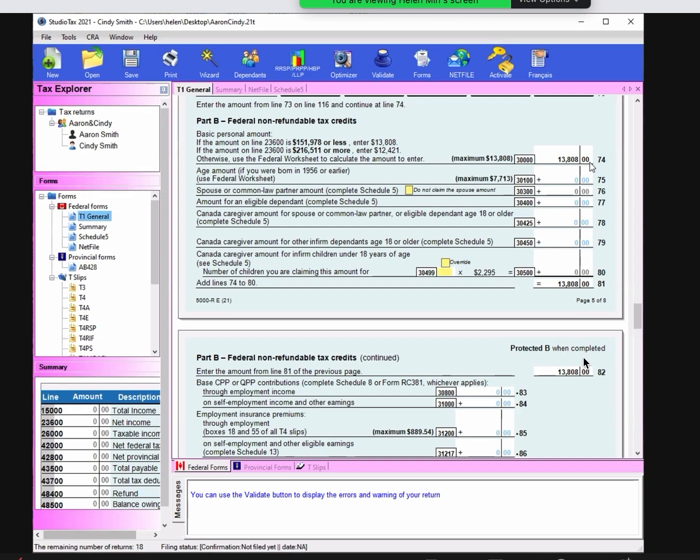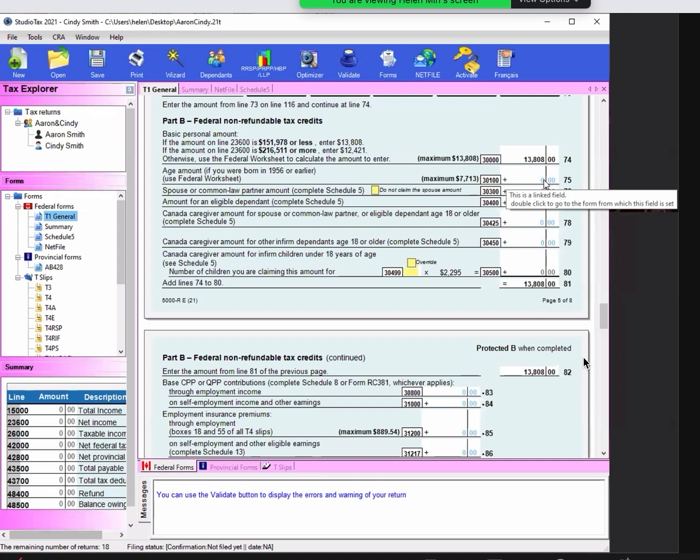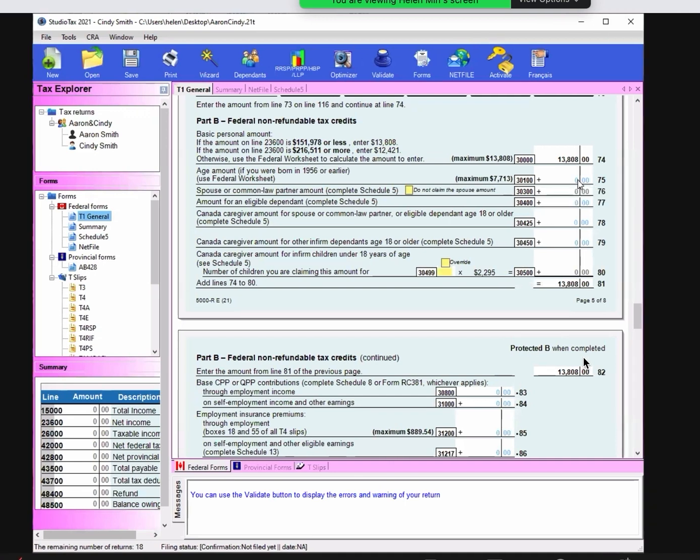They are less than that, so they don't need to pay any tax, because it is foreign pension. They also don't need any credit for the spouse amount. So they don't need to claim any credit for the spouse amount.